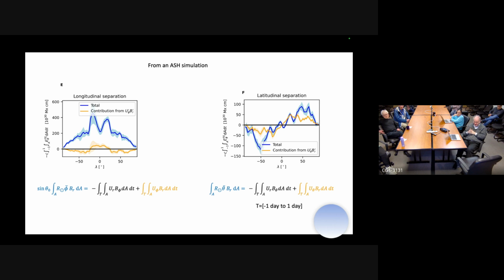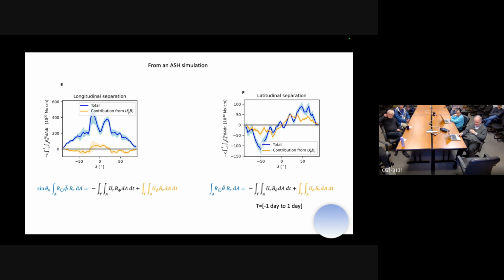The latitudinal separation is quite different. On the sun, we only have observations up to about 40 degrees. And what we saw there was that the blue and the yellow curves overlapped. And this was the statement that the flux which is emerging from below basically has no tilt.